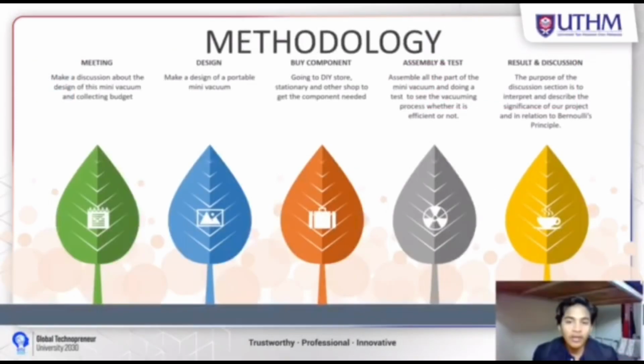Okay, for the methodology part, we follow this flow. First, we have a meeting where we discuss the design of this mini vacuum and collect the budget and data. Secondly, we design a portable mini vacuum and buy the components at a DIY store, stationery and other shops to get the components that we need.